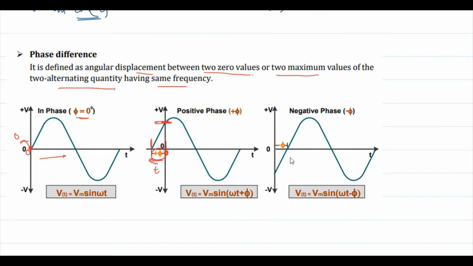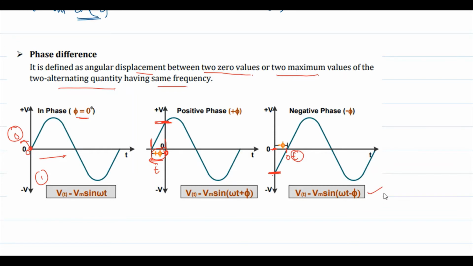If you see the third case here, at time t equal to 0, with respect to the first diagram, here we have a 0 value, here we have a negative value. So at a particular 0 value it has a negative value, which means its amplitude becomes 0 after a certain time. After a certain time means its phase is a negative phase, because it is lagging.